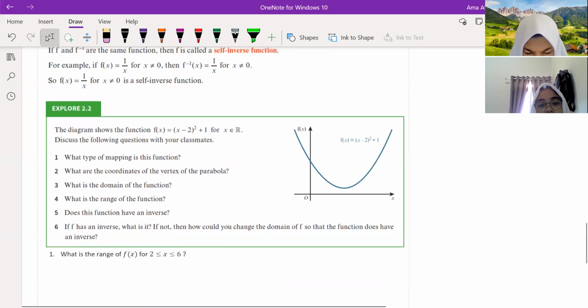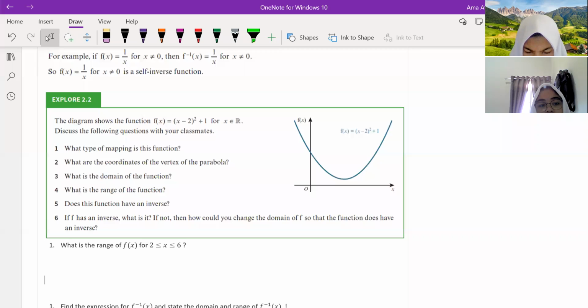Let's now do the explorations. I want to give you 2 minutes to discuss these explorations with your classmates. I will make 2 breakout rooms.